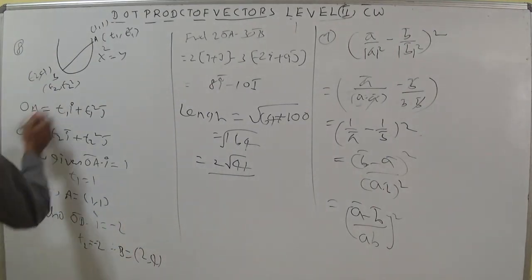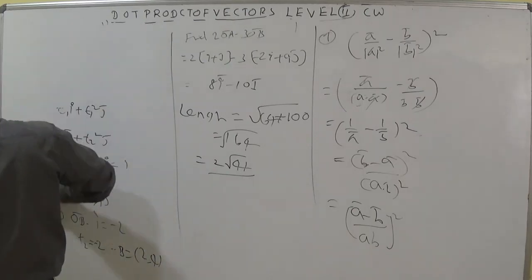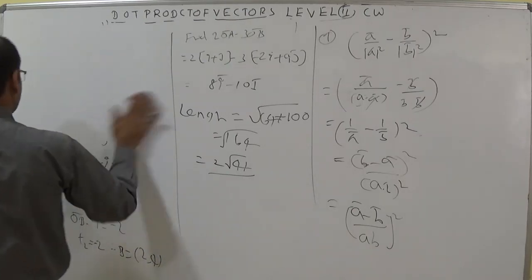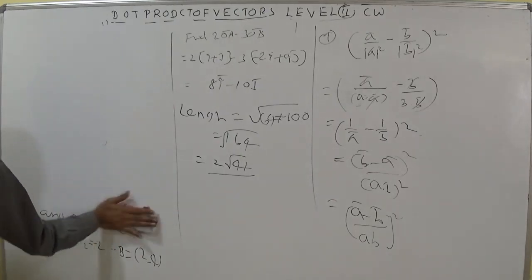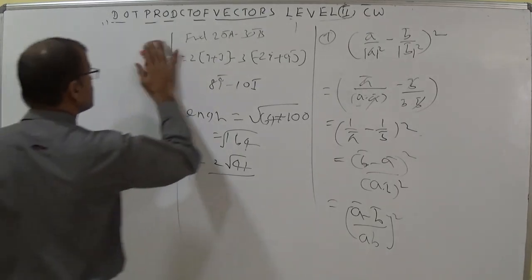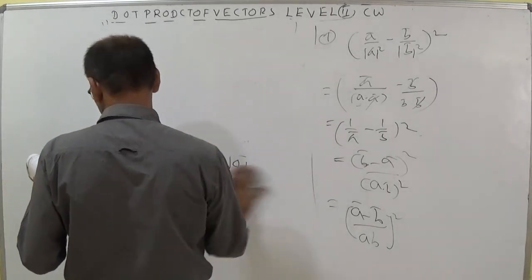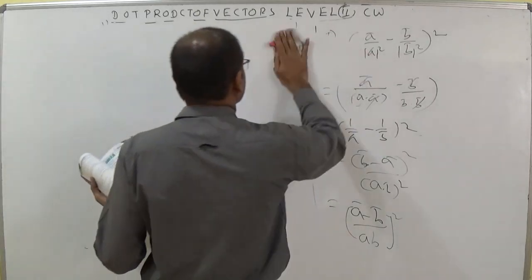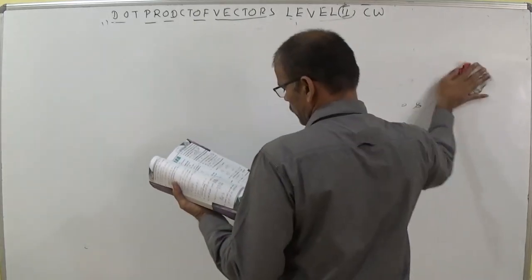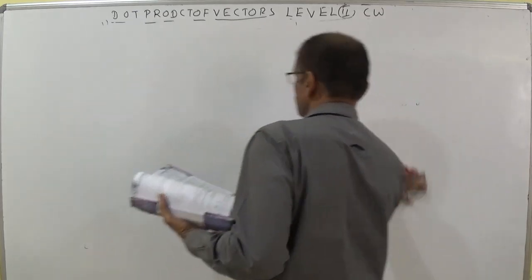Next, let us discuss the 10th question. Three vectors U, V, W are given. If n is a unit vector, then U bar dot n bar is equal to 0, and V bar dot n bar equal to 0. What is the value of W bar dot n bar over modulus? This was an AIEEE question in 2003.